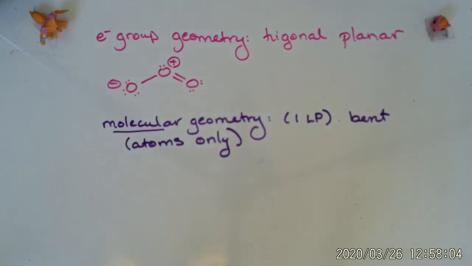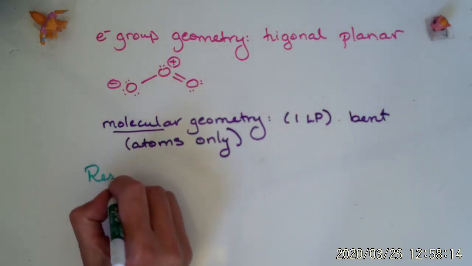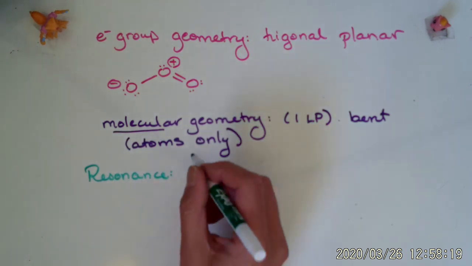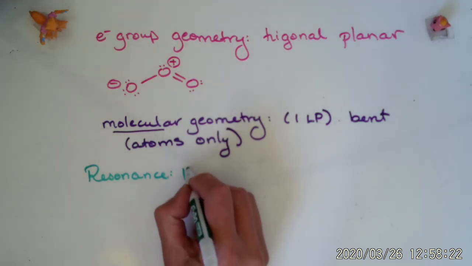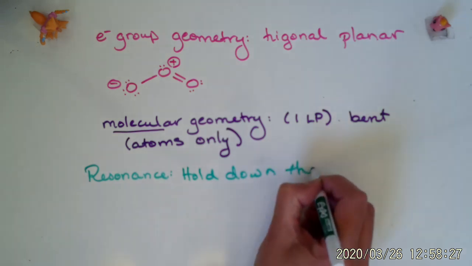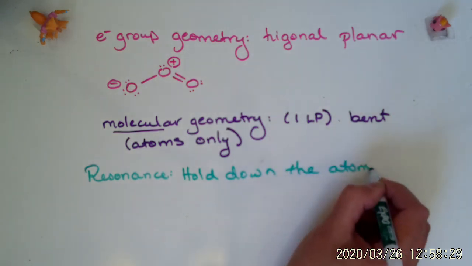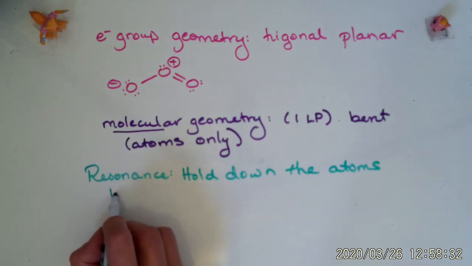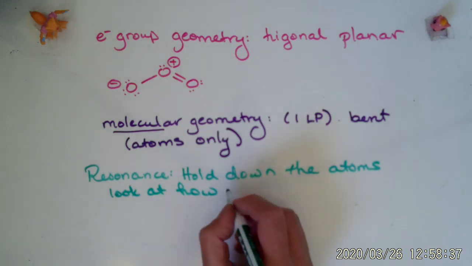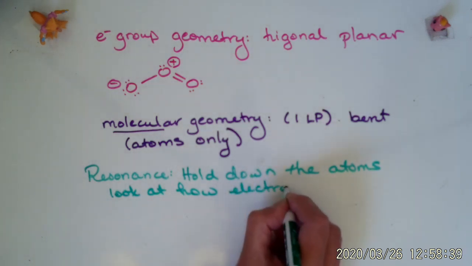And last but not least, and this is a really important concept, it's called resonance. With resonance, it looks like all you're doing is drawing Lewis dot structures, but the key is you're going to hold down the atoms and look at how the bonds, how the electrons can redistribute.